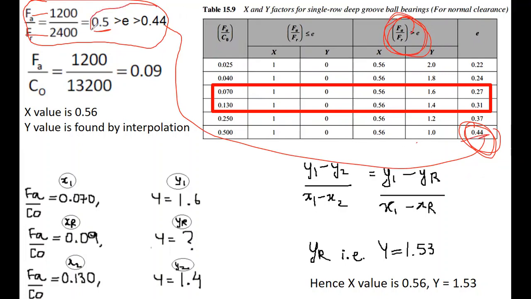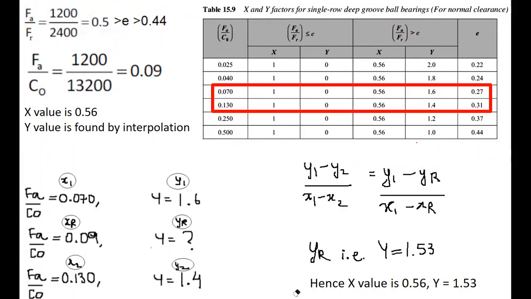So obviously we are going to select this table, not this table, because E value is less and FA upon FR value 0.5 is more.